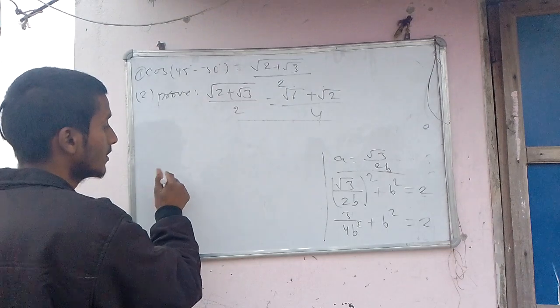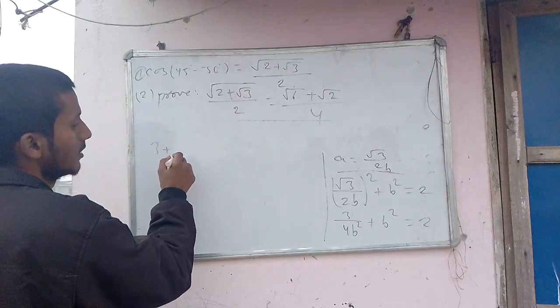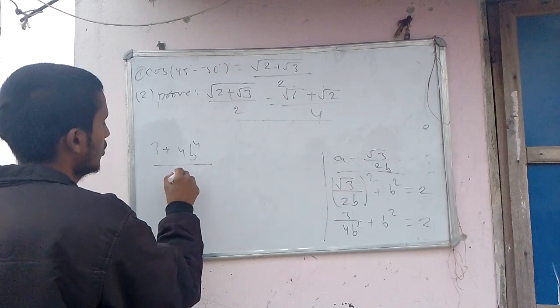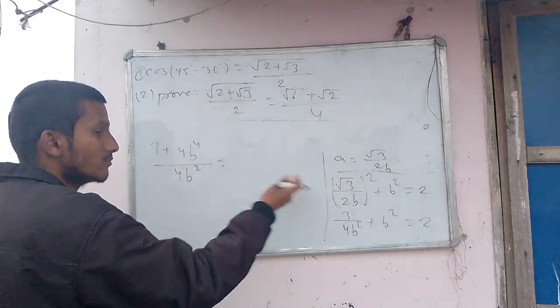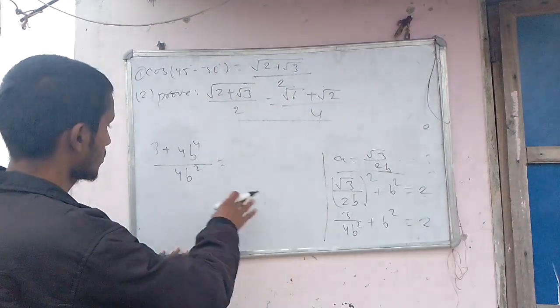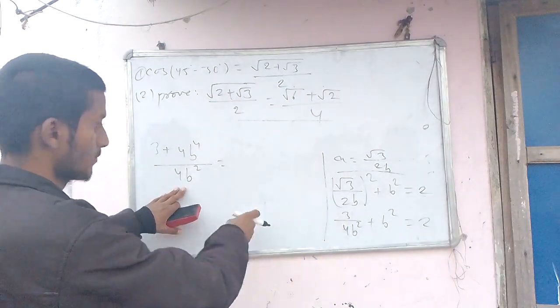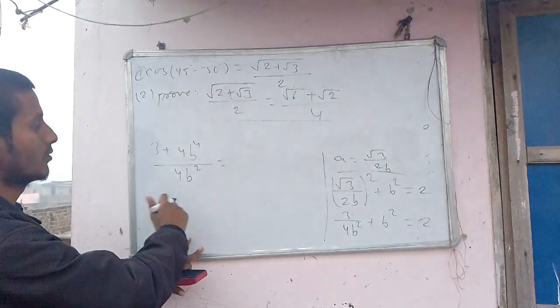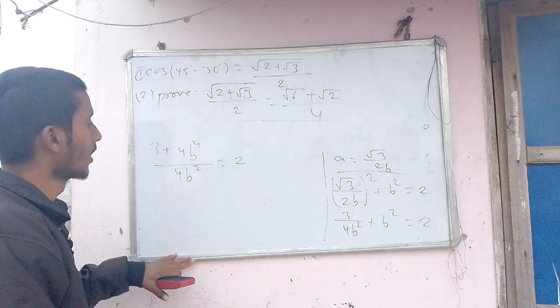So what does it say? It says this will be 3 plus 4b to the power 4 divided by 4b squared. This is what it throws at us. Multiply these two, 4b squared, 4b to the power 4, 3. This will be equal to 2.